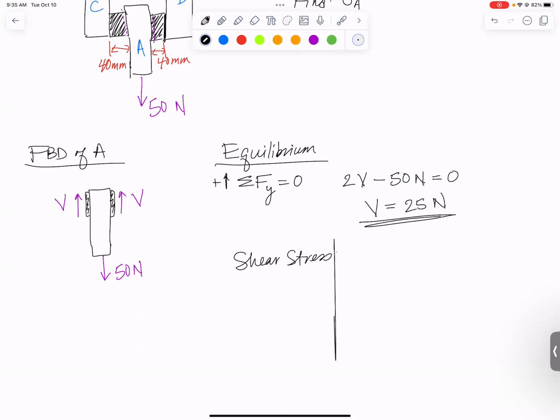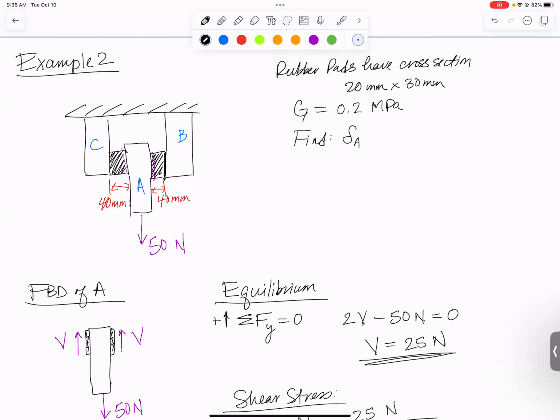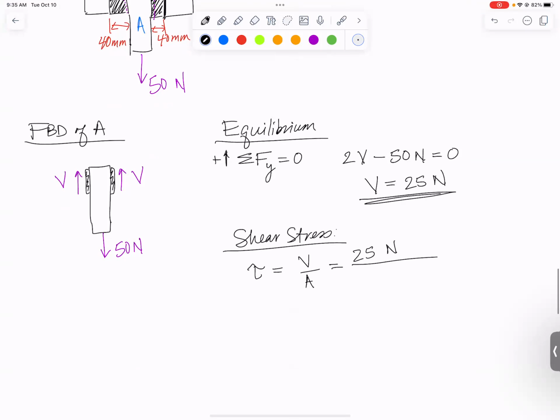To get shear stress, we need tau is V over A. So that's going to be 25 newtons, and then the area is going to be our 20 millimeters times 30 millimeters. You could write that as 0.02 meters times 0.03 meters.